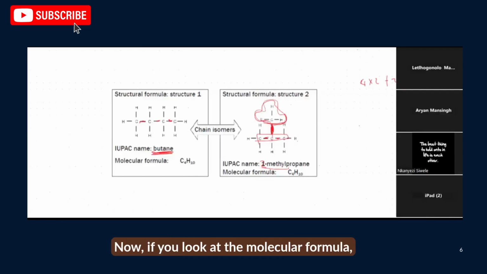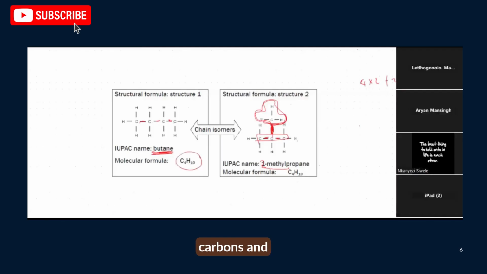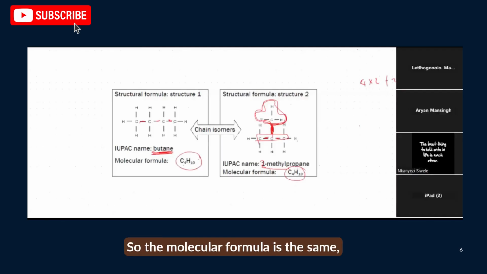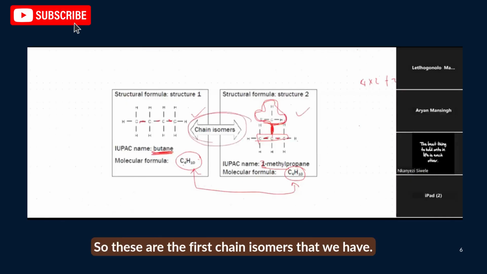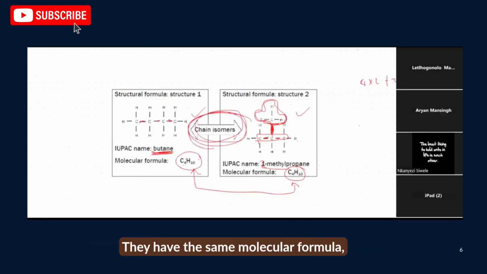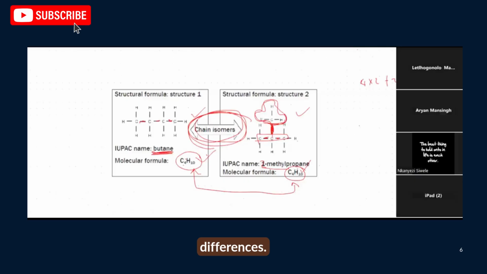Now, if you look at the molecular formula, you'll see that both of them possess 4 carbons and 10 hydrogens. So the molecular formula is the same, but the structural is not. We call these chain isomers. So these are the first chain isomers that we have. They have the same molecular formula, but they have structural differences.